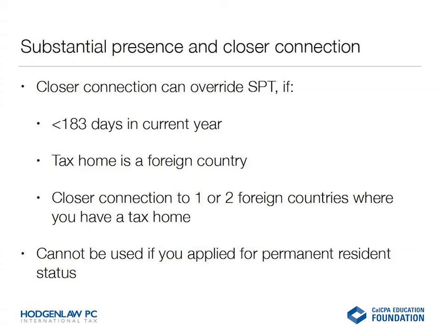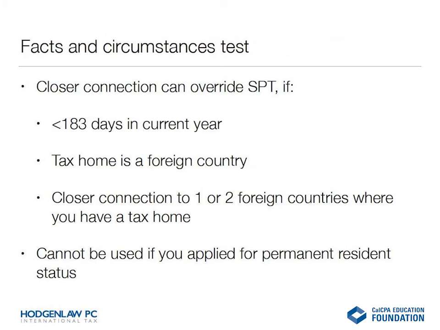Your tax home would need to be a foreign country, and you would need to have a closer connection to one or two foreign countries where you have a tax home. And I'll talk about in a second what closer connection actually means. But note that this one cannot be used if you have applied for permanent resident status or if you have a green card. So this one only works with the substantial presence test.